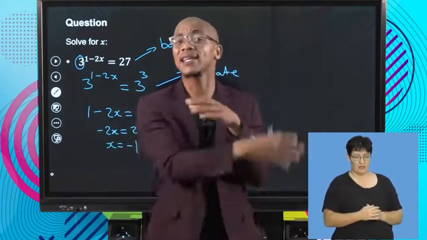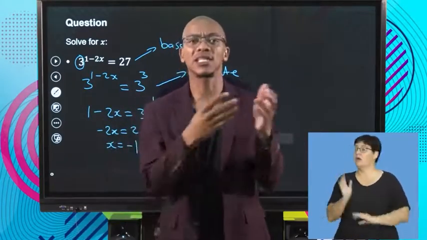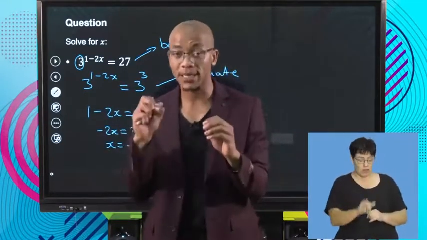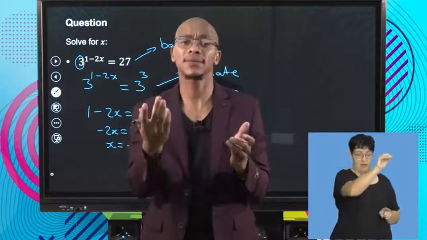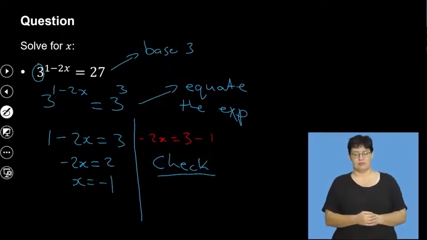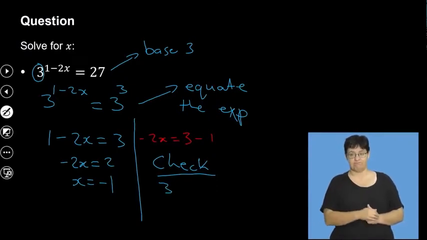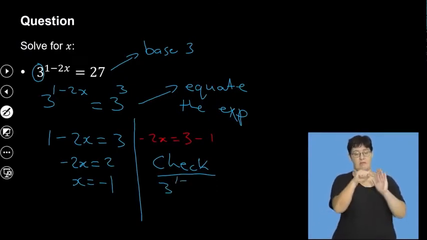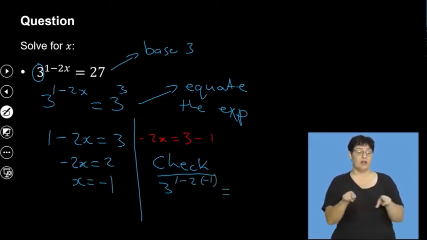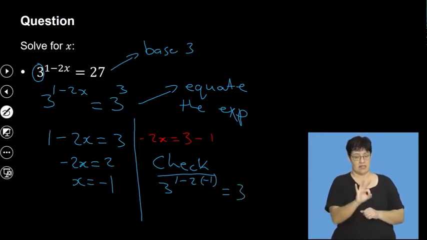You don't write the whole exam and then want to recheck and scratch out and write incorrect answers. No, you check by taking the answer you got and substituting it. Let me show you what I mean. If I check this, it's going to be 3 to the exponent of 1 minus 2 into negative 1, and this will be equal to 3 to the exponent of 1 plus 2, right?